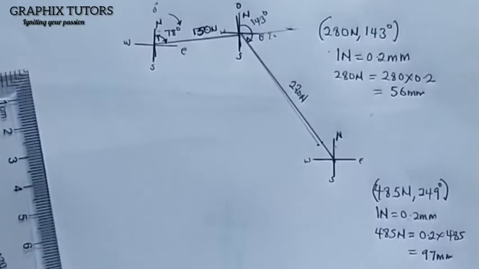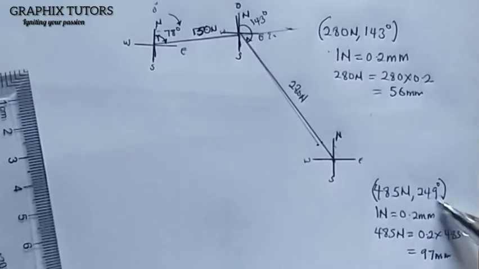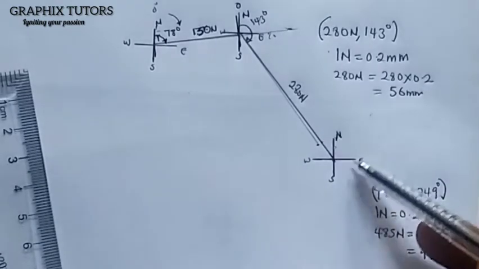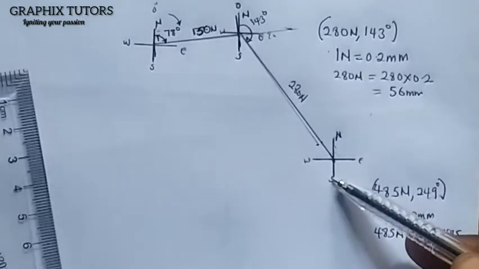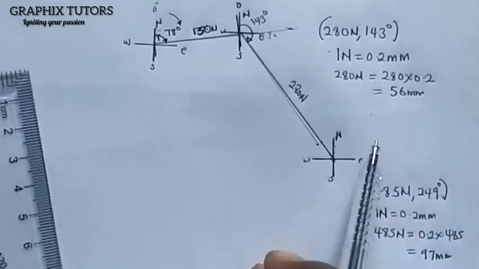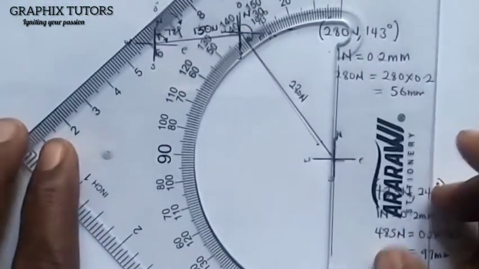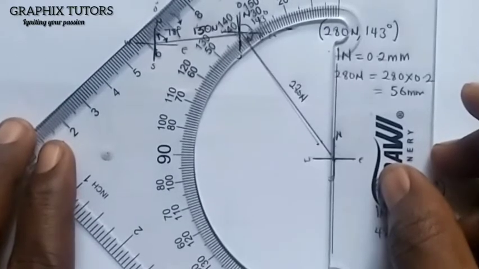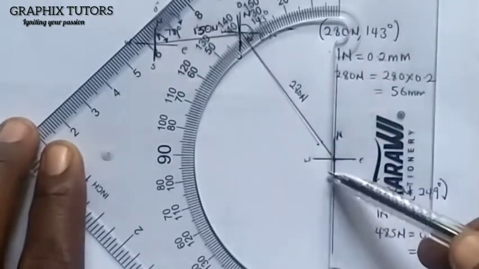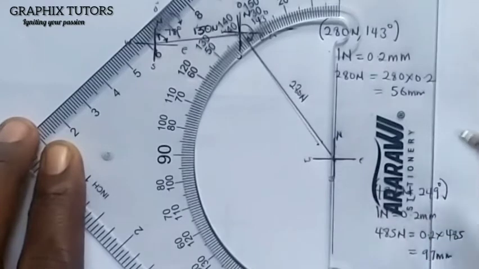Right? So what I'll do first, from this angle, I'm going to measure 249 degree first. So this is 0, this is 90, this is 180, and this is what? 270. So 249 falls between here. So I'll take my meter rule, I'll place it like this, right? Ensure that it is conforming with my north and south, right?